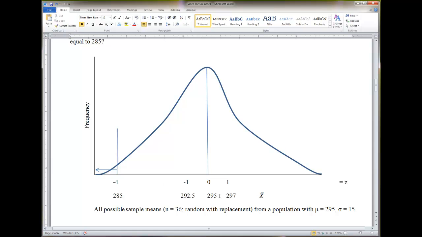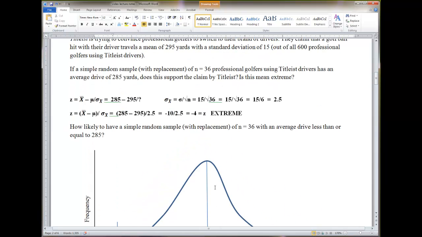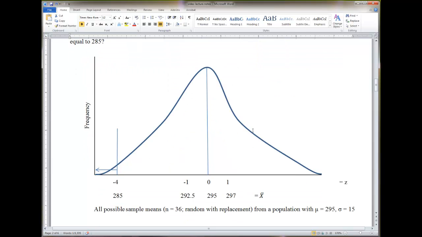All right. So again, the middle of our distribution represents the population mean, which was 295. And then the sampling error, the standard error, was 2.5. So if you want to plot -1 and +1 z-scores, you take the mean minus 1 standard error.